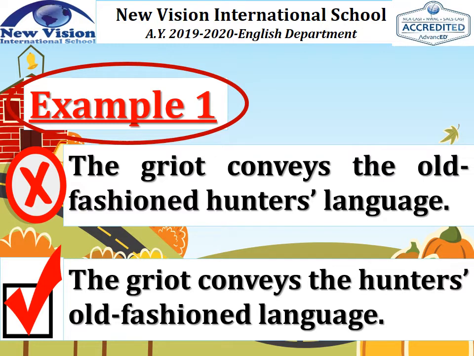Let's read it. The griot conveys the hunter's old-fashioned language. So now, this misplaced modifier, the adjective old-fashioned, is moved next to the word that is being described, which is language. So we move the word old-fashioned. Got it?